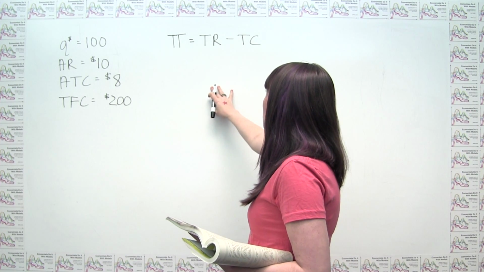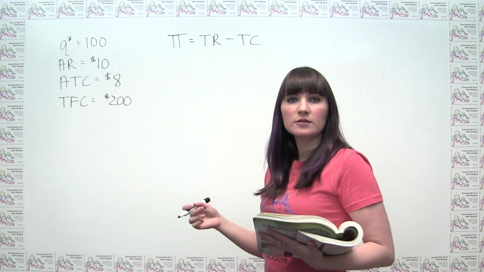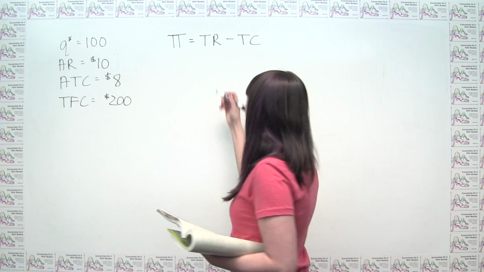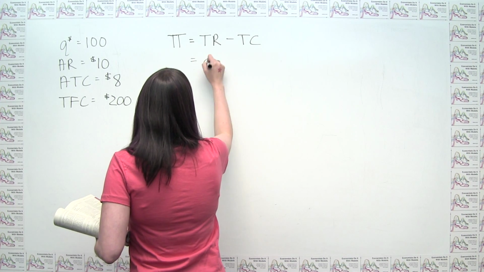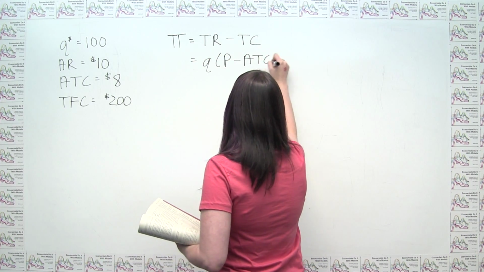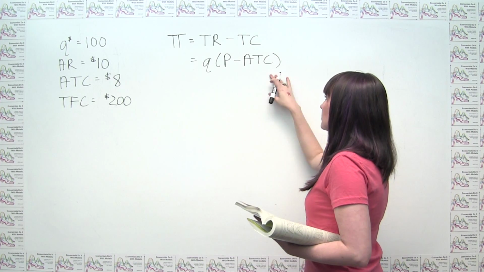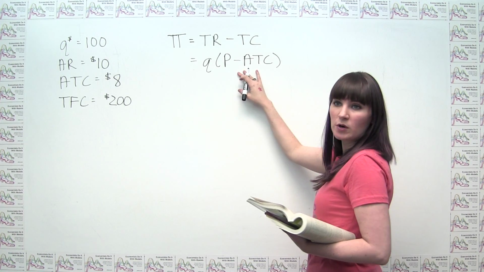We could also notice that more commonly when we're talking about profit, we find it useful to represent profit as quantity produced times price minus average total cost. And this has a nice interpretation because price minus average total cost is just what your profit is per unit.